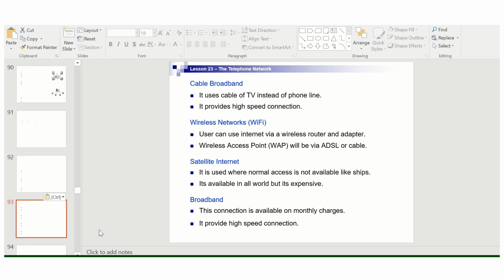So it's mostly in very remote areas where you can't have Wi-Fi or broadband or fiber, like in ships, or in rural areas where they don't have infrastructure, then government may decide to have a satellite for the clinic or for that school, but it's really not the first option, right?